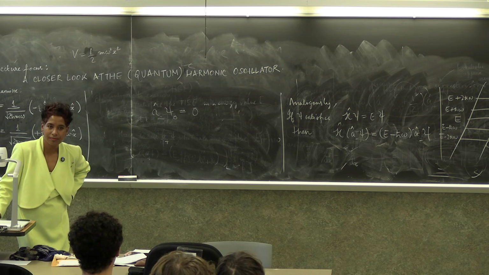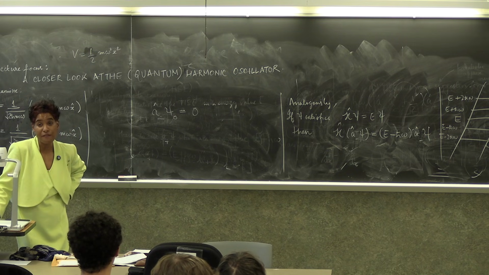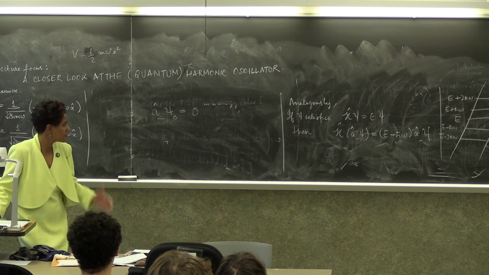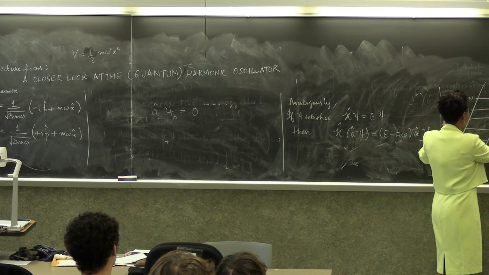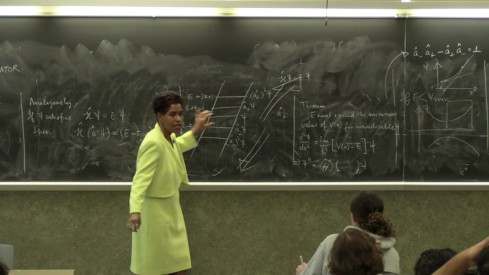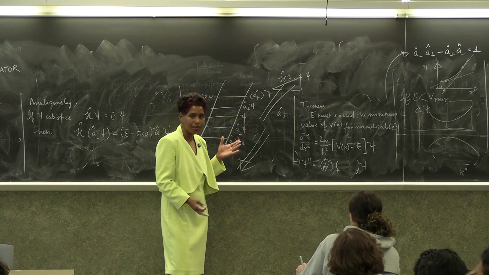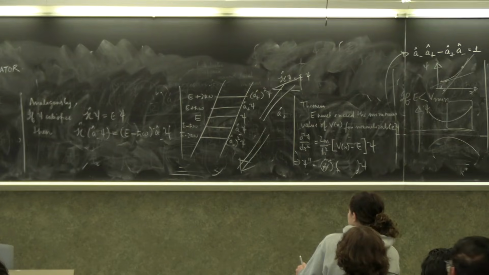Is the argument clear? So see, we have not only fixed the ladder, but in fact completely solved the problem. You don't see it yet, but you will in 2 minutes. To construct this ladder, I needed to magically have E and psi given to me, and then I could construct the rest of the ladder. But now, I have a relation that is going to give me the ground state.